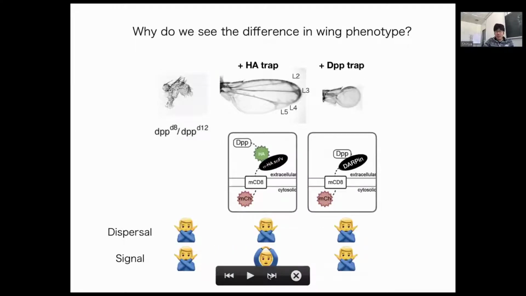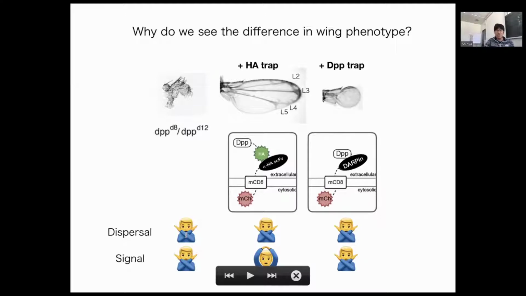Okay, so here is a summary of how these binders and mutant affect the dispersal and also the signaling. So in all the cases, mutant and HA trap expressing wing and DPP trap expressing wing, dispersal appears to be blocked.